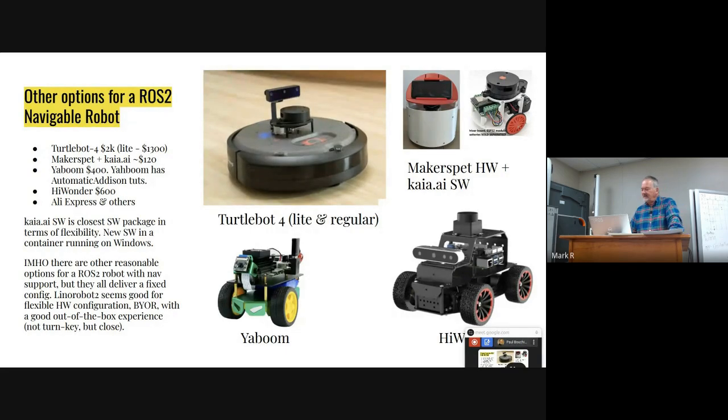Yahboom advertises itself as a ROS2 compatible robot. It features in a great set of tutorials by Automatic Addison. Automatic Addison is this guy who does fantastic tutorials, both video and written, that show you how to use ROS in all kinds of ways, taking you from a Linux beginner to a ROS beginner to really doing ROS navigation and understanding how it works.